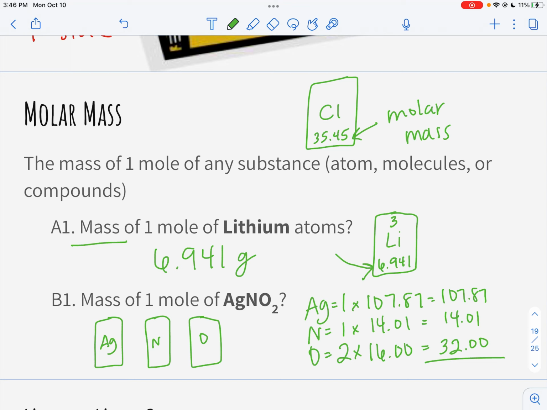And then when I add all of these up together, you should get something like 153.88 grams. So when we're looking at a mass of a compound, we want to look at everything individually and then add it all up together.